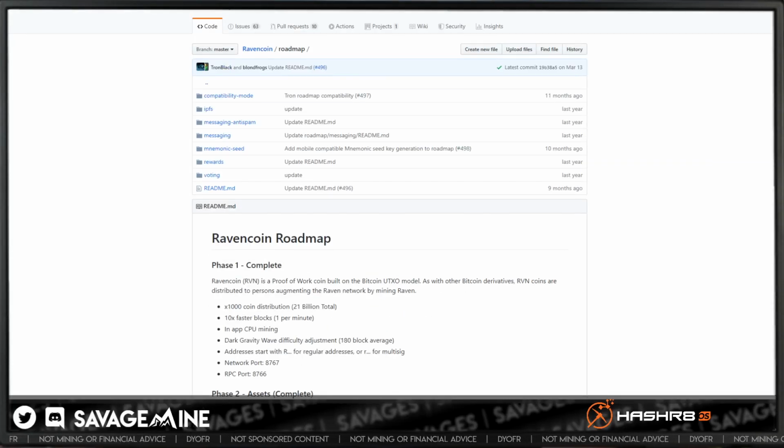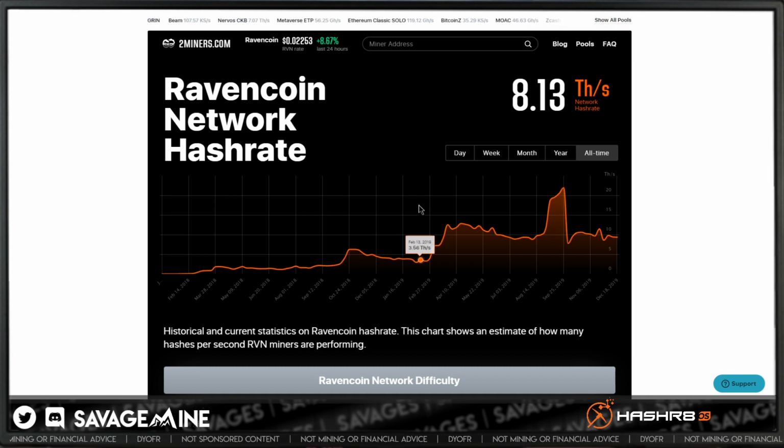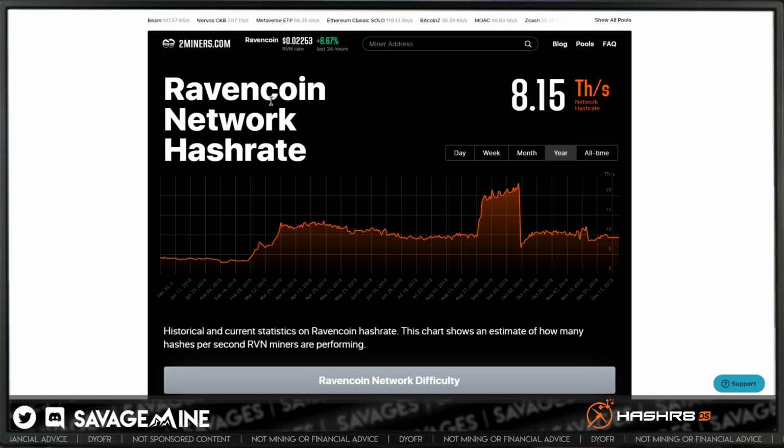All right. So as I talked about earlier, let's go with a year time frame. This is the Ravencoin network hash rate. You can see right here, around this area, there were probably FPGAs and ASICs coming online. And then they mined for a while.